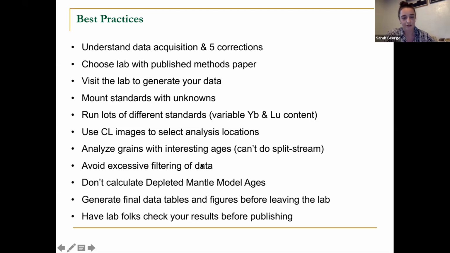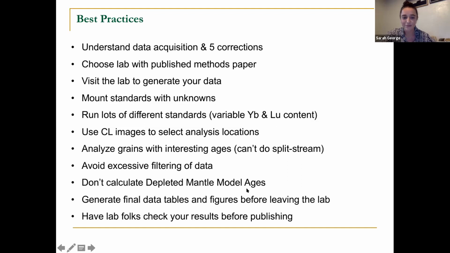Visit the lab, generate your own data, go to a lab with an existing methods paper. This is a suggestion from us, which is don't analyze all of your grains. For example, with split stream, you're going to be getting too much data. You're going to lose some efficiency there because you are rate limited by the lutetium hafnium analysis, which is a much slower analysis.